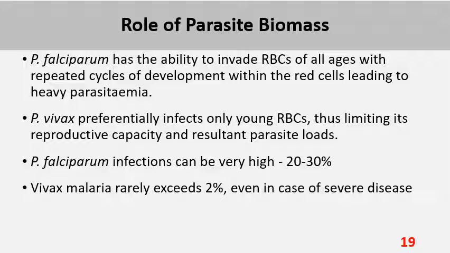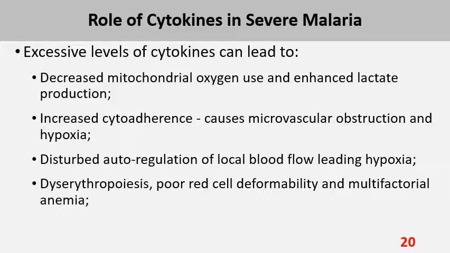P. vivax, on the other hand, preferentially infects only young red cells, thus limiting its reproductive capability and the resultant parasite load. P. falciparum can infect as many as 20 to 30% of the red cells, but P. vivax could only infect just about 2%, and that may explain the rarity of the severe forms of P. vivax malaria in Africa.